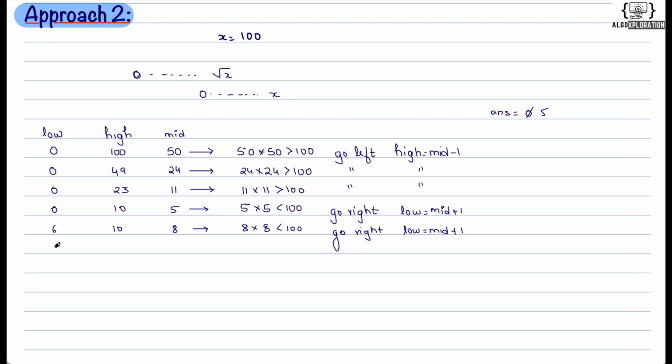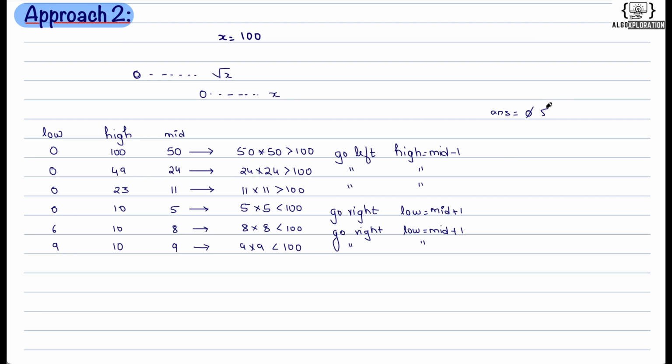Now this will be 9, this will be 10. 9 plus 10 whole divided by 2 will be 9. Okay, so 9 cross 9 is also lesser than 100, right? So again go right by doing low is equals to mid plus 1.